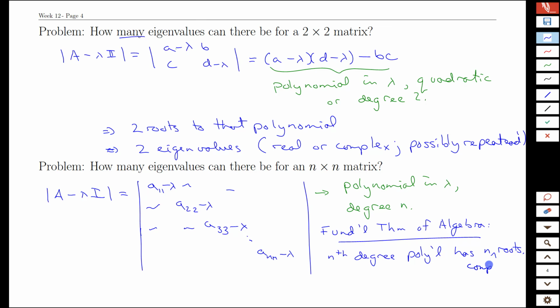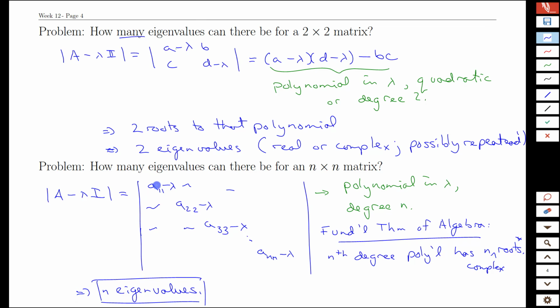It's n complex roots, and complex includes real as possibilities. There's some asterisks there about the multiplicities and repeatedness, but at the end of the day, we are going to get n roots to this polynomial, which means that an n by n matrix has n eigenvalues. Possibly repeated, possibly complex, but basically for a 3 by 3 matrix, you should be able to find 3 eigenvalues. For a 10 by 10, you'll find 10 eigenvalues.